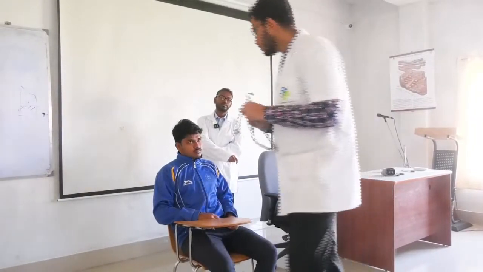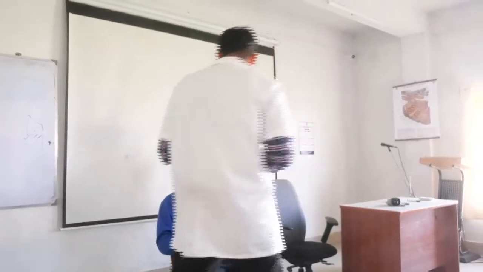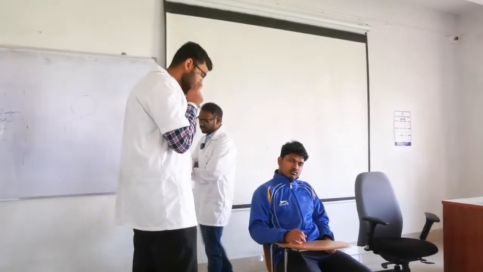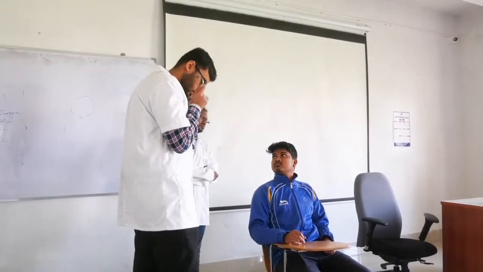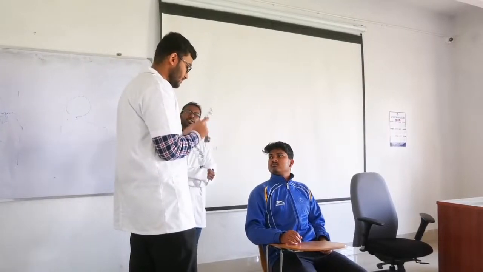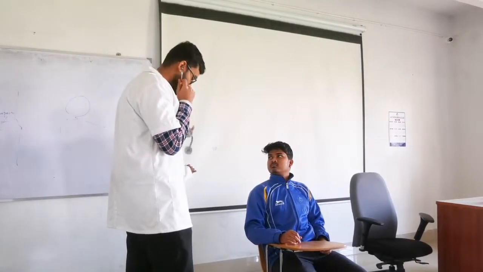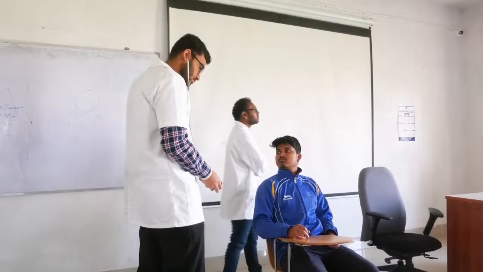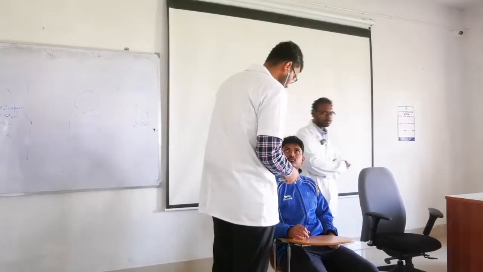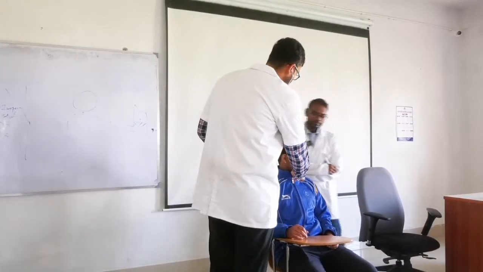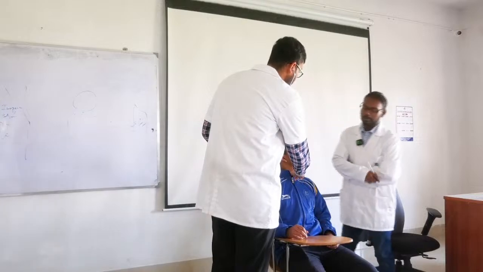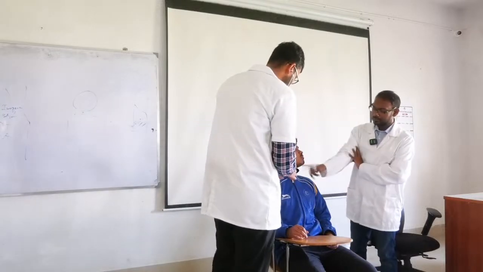What handed are you? So you go to the right side. Start. Show me auscultating the bronchial and vesicular sounds. Where will you do? Okay. Show me the bronchial. Do it.